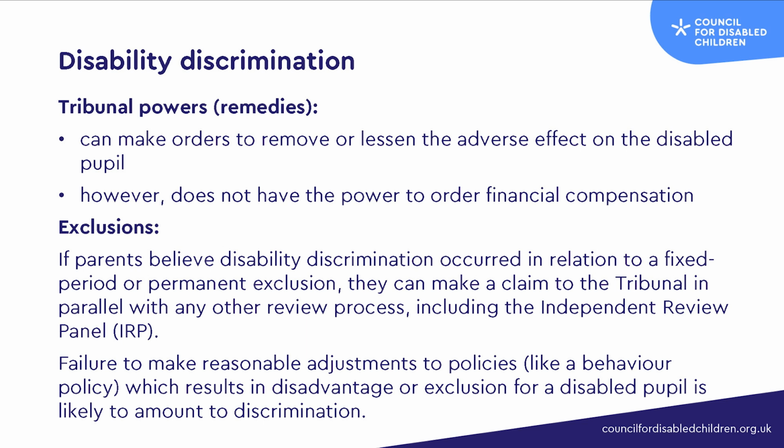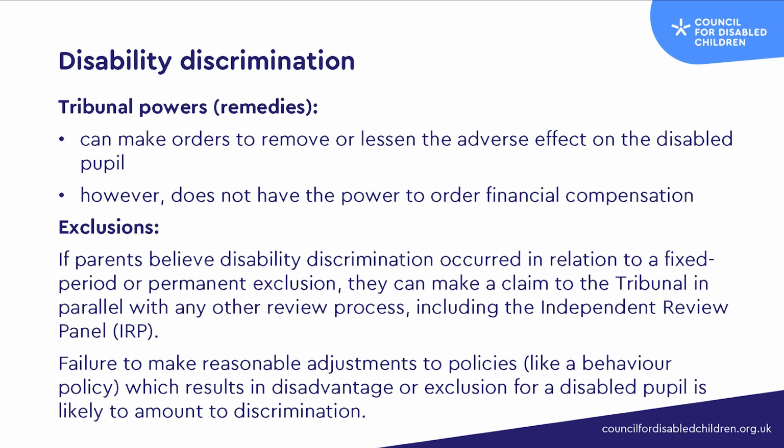Now, these powers apply in cases involving both fixed period exclusions, suspensions, and permanent exclusions. If parents believe disability discrimination occurred, they can make a claim to the SEN tribunal. This can run in parallel with the exclusion review processes. For a permanent exclusion, that can include the Independent Review Panel, IRP.